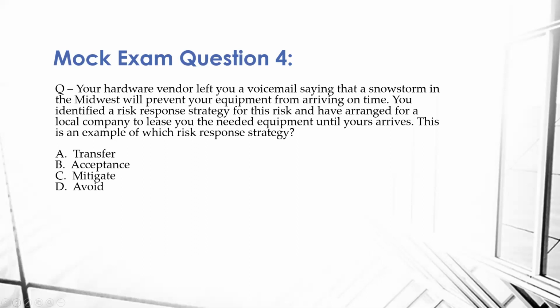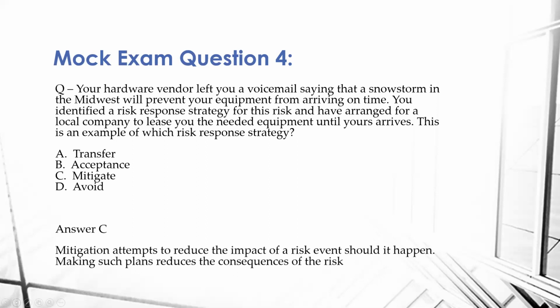A, transfer, B, acceptance, C, mitigate, D, avoid. That is correct. The correct answer is C. Mitigation attempts to reduce the impact of the risk event should it happen. Making such plans reduces the consequences of the risks.